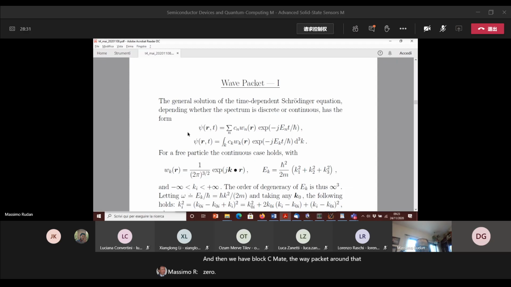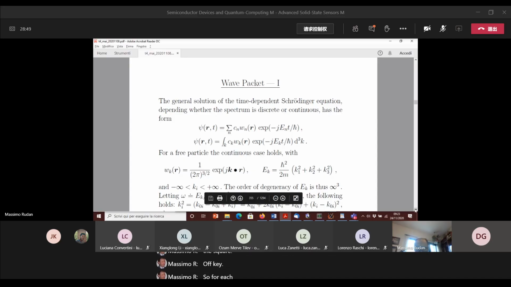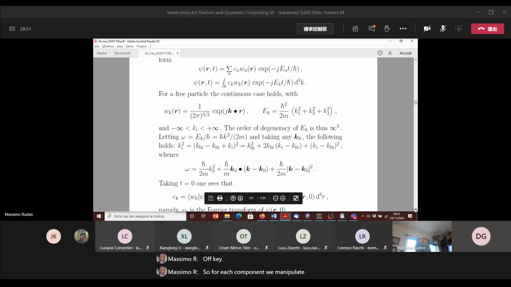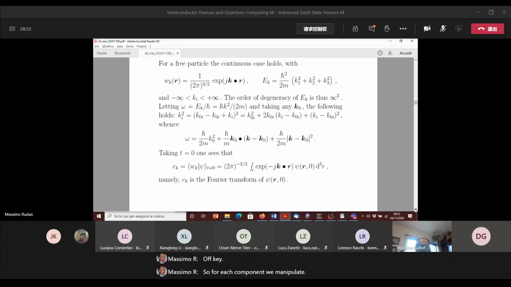And this is easily done because you see that the angular frequency is proportional to energy, and energy is proportional to the square of k. So for each component, we manipulate the square of k by adding and subtracting the corresponding component of the vector k0.